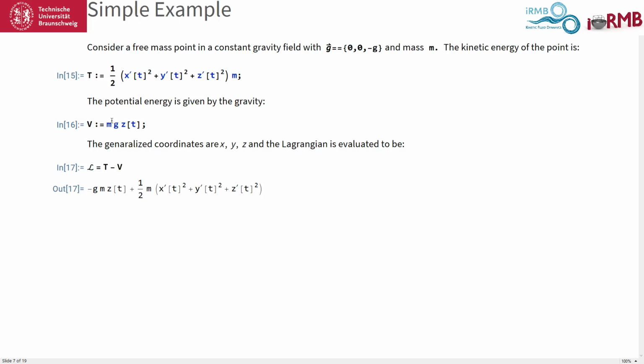In a gravitational field, we just have the height times the mass times g as the potential energy.